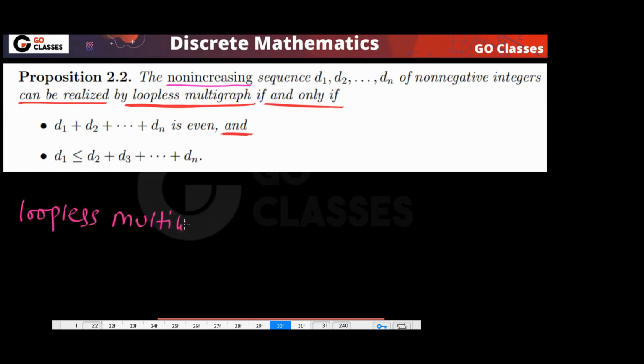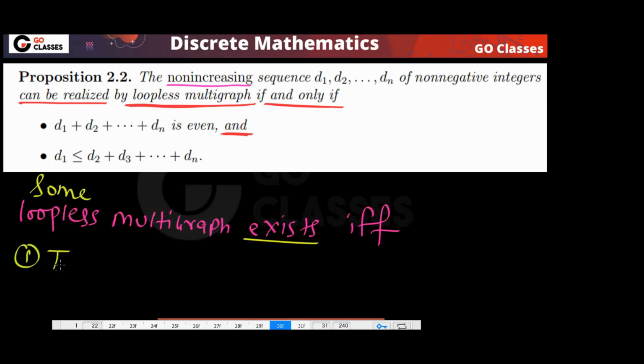A loopless multigraph exists if and only if two things you have to check. Okay, there can be multiple, but some loopless multigraph exists if and only if, first, the total degree is even, meaning the number of odd degree vertices should be even.